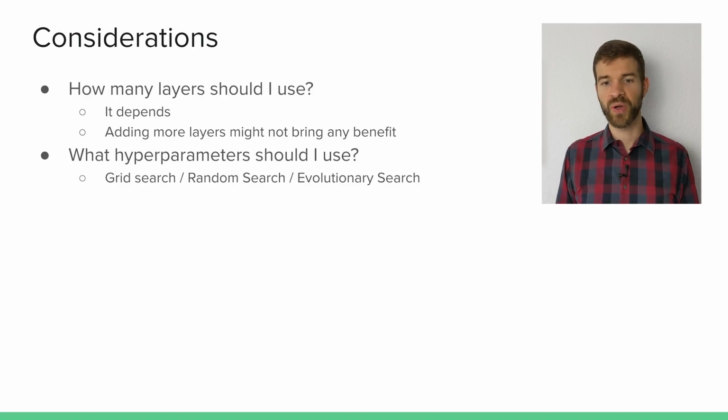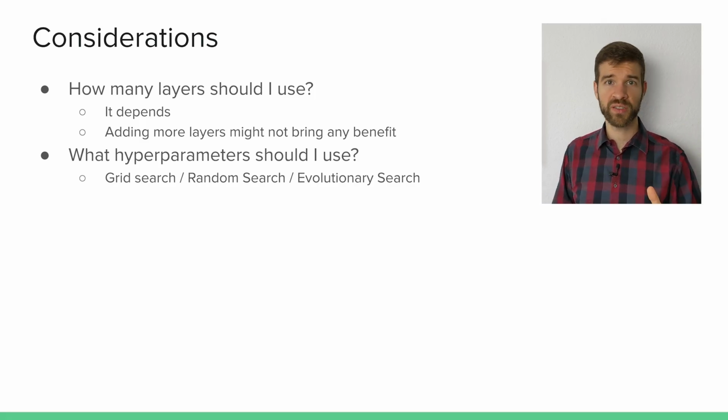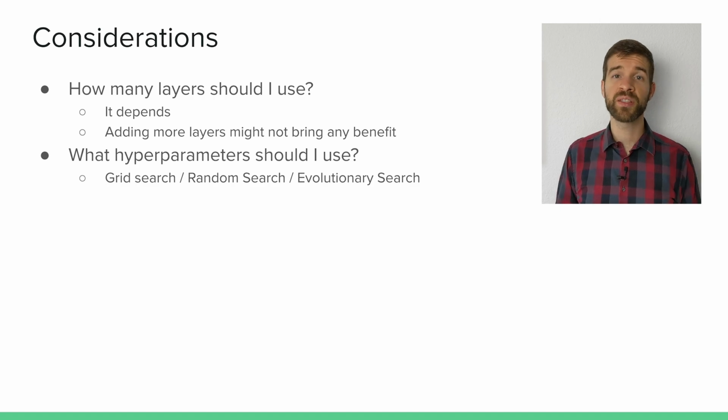But the simplest way would be to just say, okay, I restrict myself to anywhere between 16 and 64 features for each of these convolutions, and then you try grid search. You take 16, you take 24, 32, and some other values along a grid, and then you also have some other parameters, for example the learning rate, and you just compute each combination of these and see which one performs best.